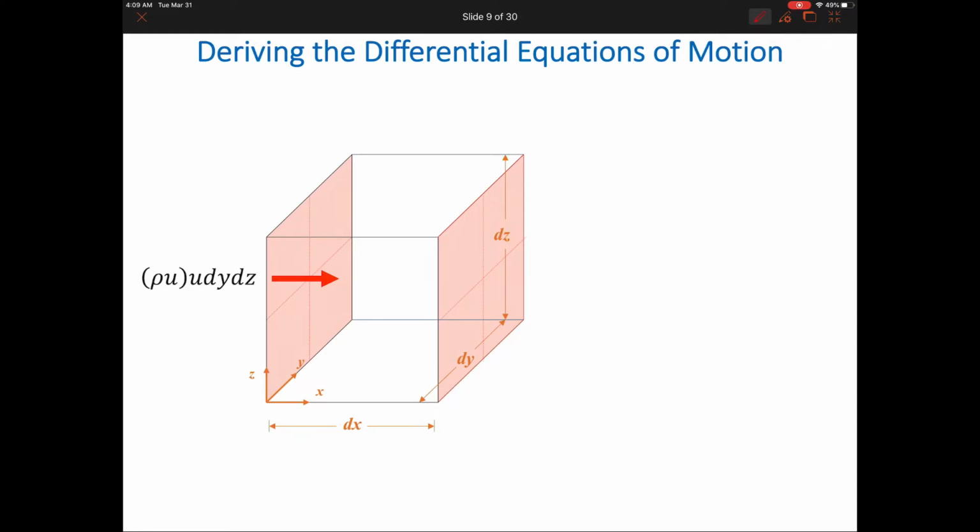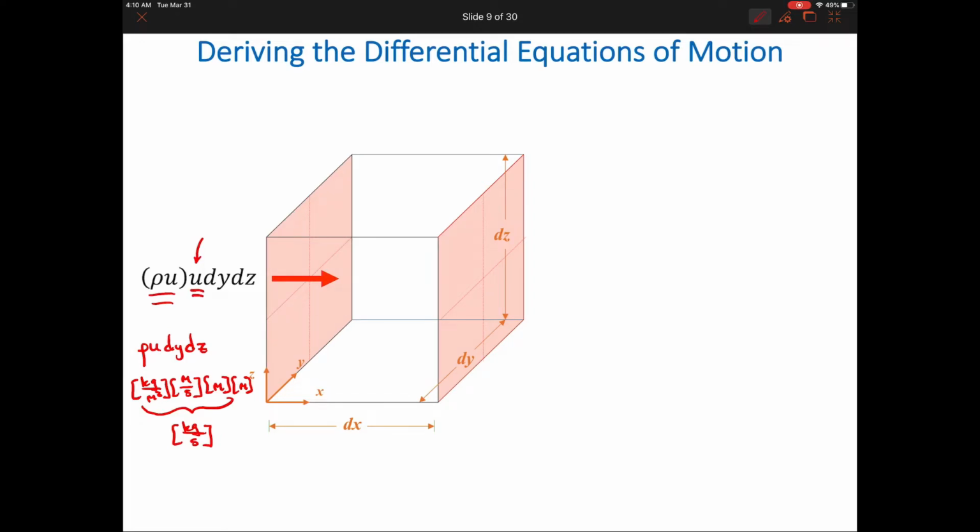Now in lesson 24, we didn't have this u here, right? We only had rho u, or density times our velocity. And recall that density times velocity times dy times dz, if we look at the units there, we have kilograms per meter cubed, and then meters per second, and then meters and meters, and we end up with kilograms per second.